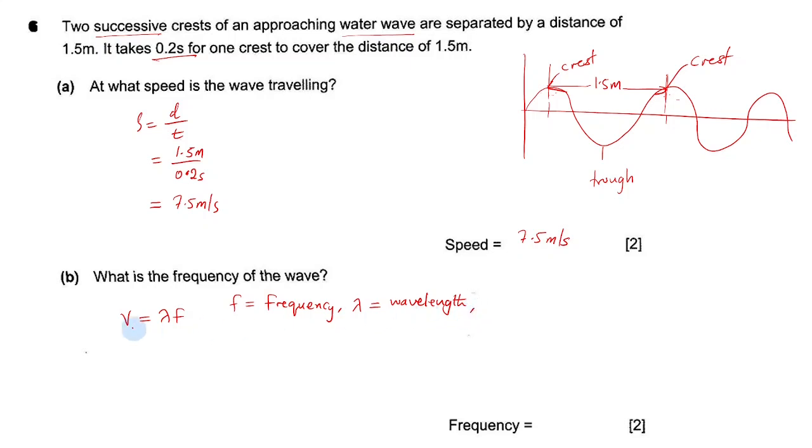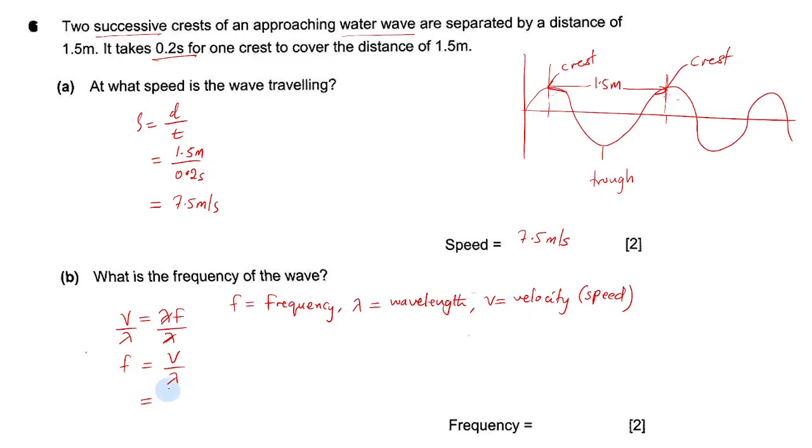Then this v is velocity or speed. So they want this f, so you make it the subject of the formula. You divide both sides by wavelength, so wavelength cancels. Frequency is going to be speed or velocity over wavelength.